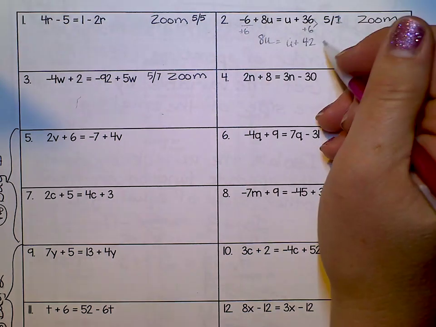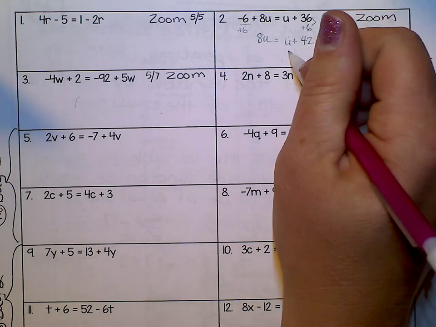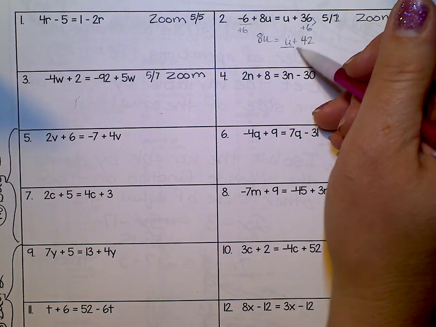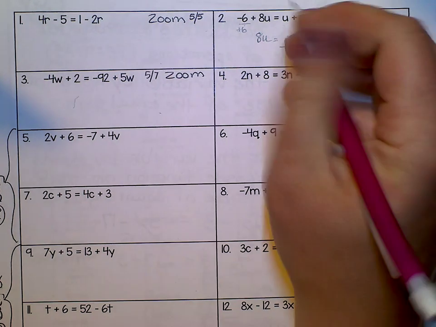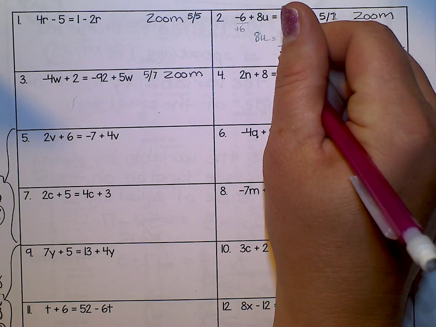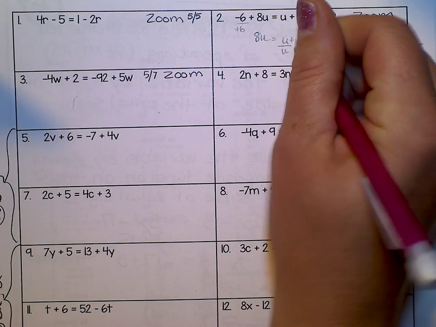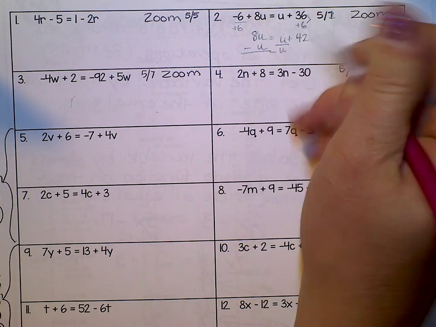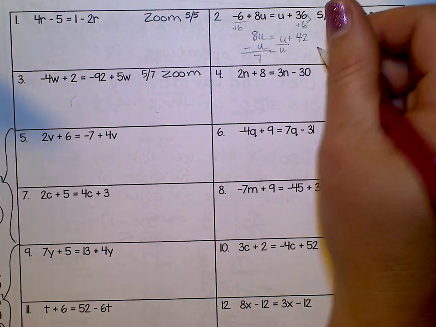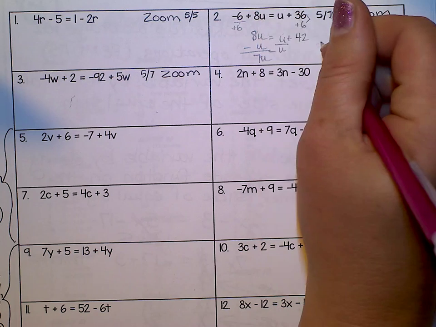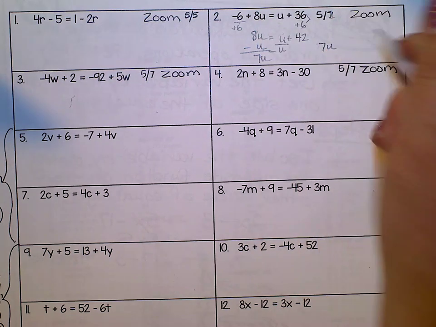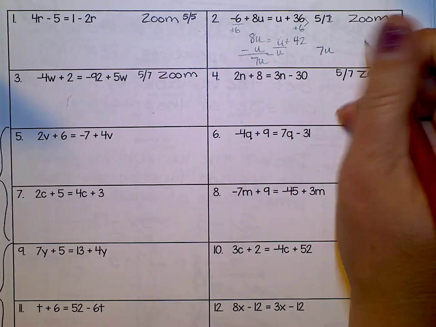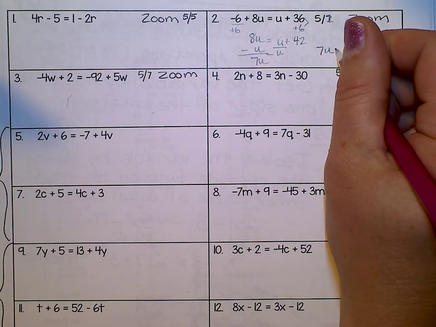So now we need to isolate the variable. We have a u over here, and we need to subtract it. So we're going to subtract the u, which would be 1. So minus u, which would get us to 7. So now we have 7u. Boy, it's not very conducive to solve a problem in this small space, I apologize.